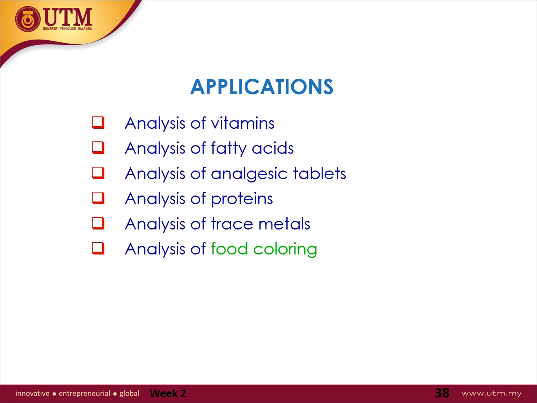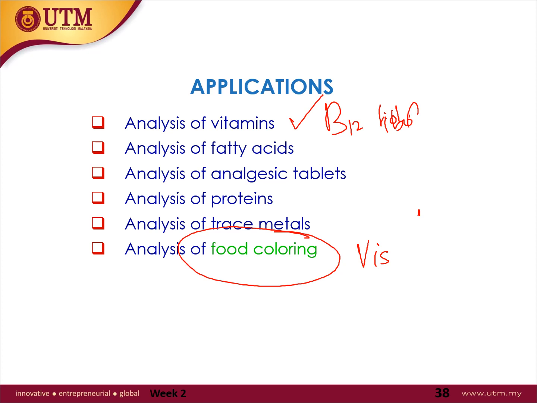UV vis is usually used, most of it, in the analysis of food coloring, because of the application for colored compounds, it is easy to use visible. With vitamins such as B12, riboflavin, it is yellow in color, so it is straightforward.